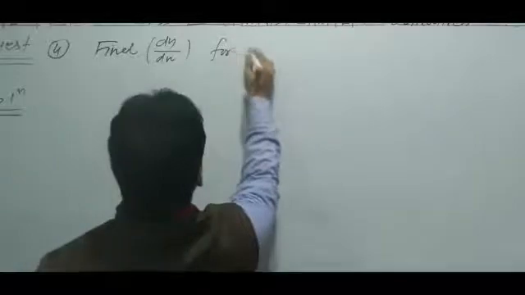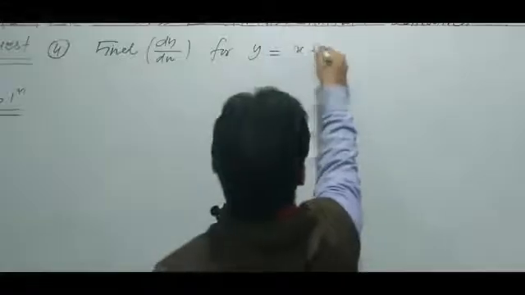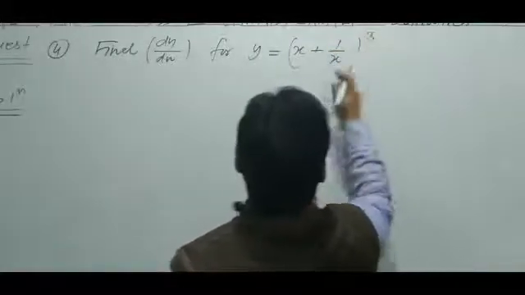Now question number 4 is: find dy by dx for this function, for y is equal to x plus 1 by x whole cube.